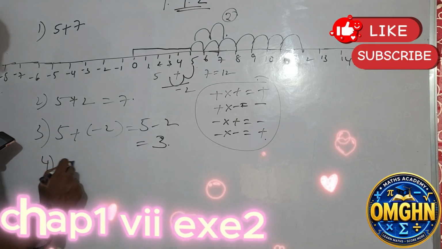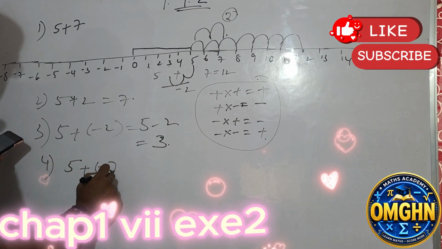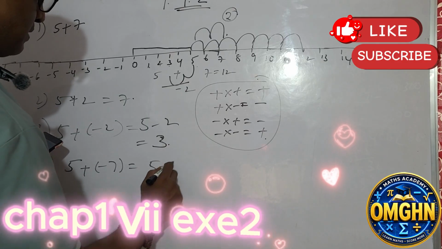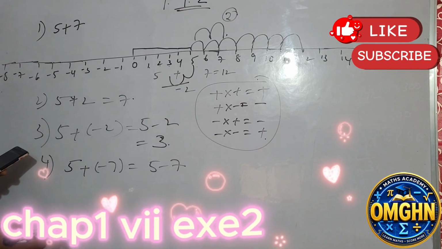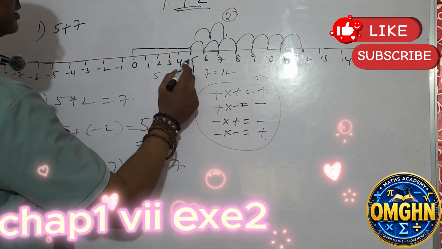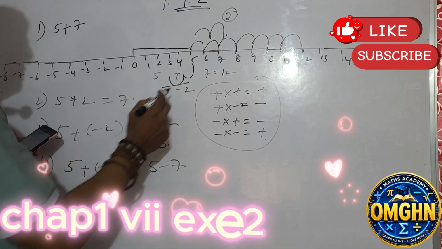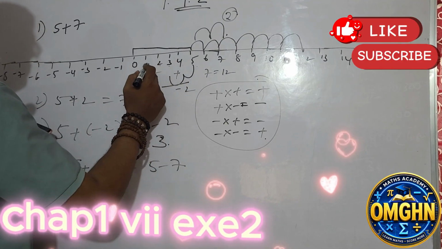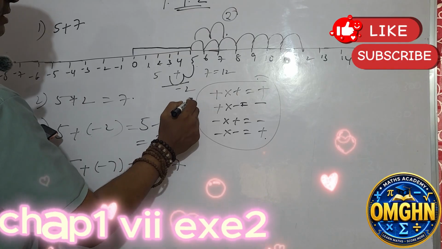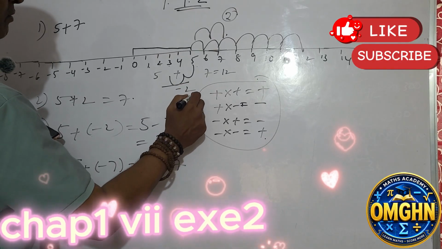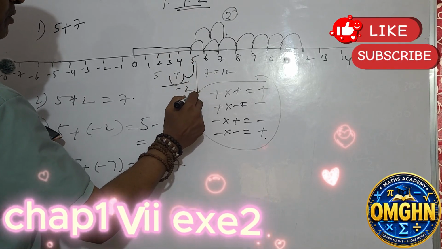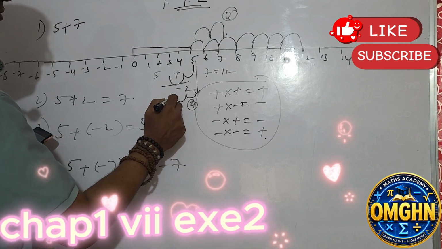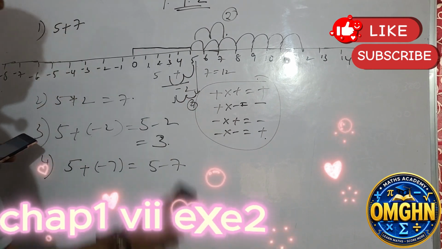Fourth: 5 plus -7 equal to 5 minus 7. That is, count 5 and subtract 7. 1, 2, 3, 4, 5. This is the fourth one. No, we will do it in a neat method.